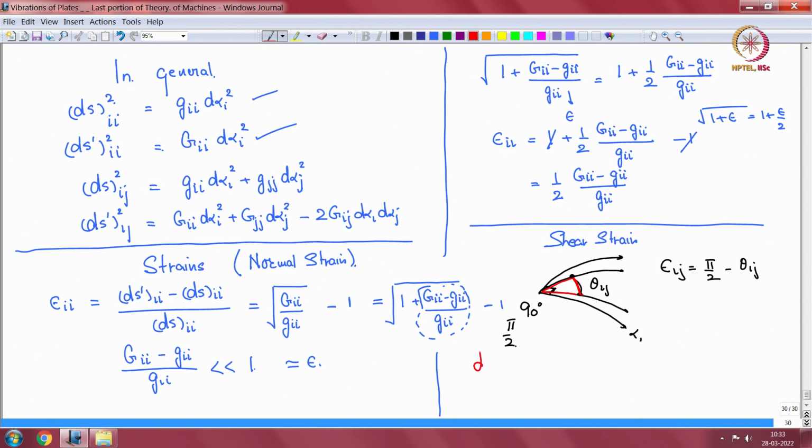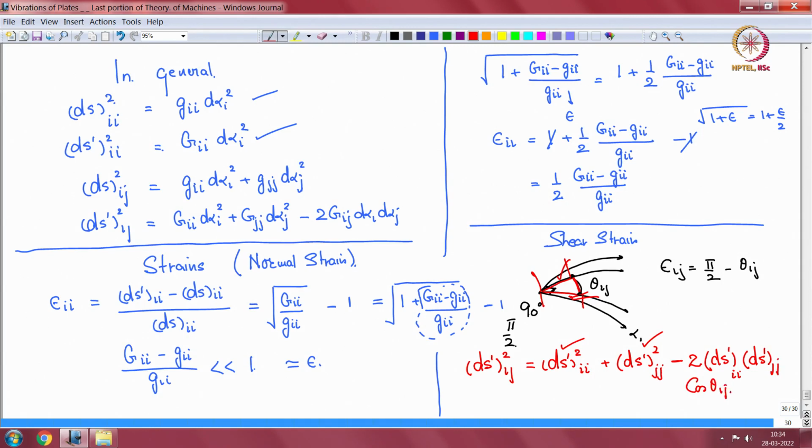That distance, let us say ds dash ij squared, is ds dash squared ii, this distance, plus ds dash squared jj, this distance, minus, this is just the cosine law for a triangle, no mystery, twice ds dash ii into ds dash jj into cosine of theta ij.